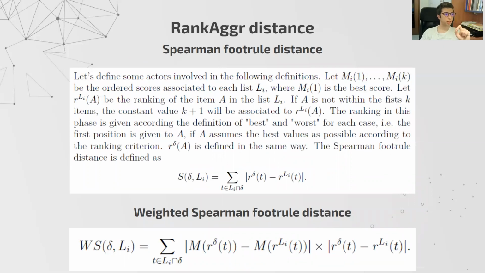The Spearman footrule distance. In particular, the second case, the weighted Spearman footrule distance. What is it? This distance considers all these possible lists, but every position of the list is evaluated in absolute value, and it is weighted by the difference of the two indexes that we are considering.